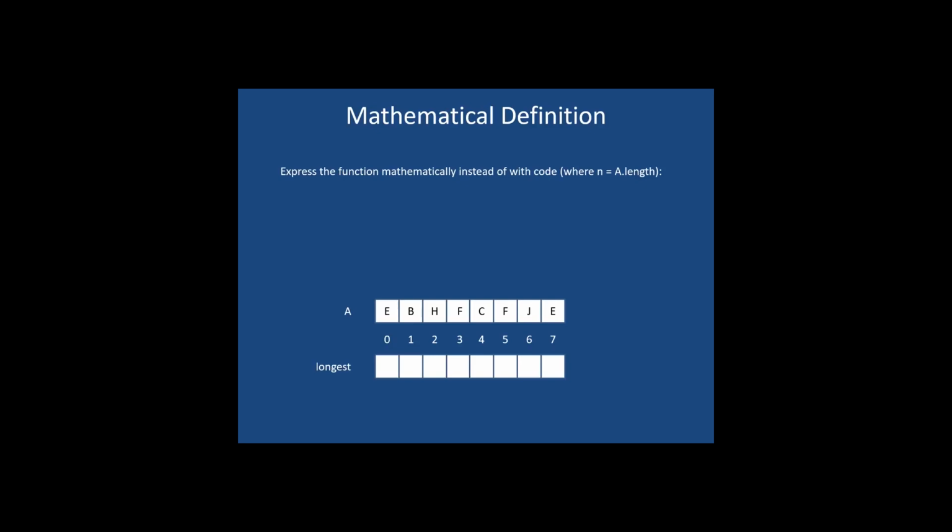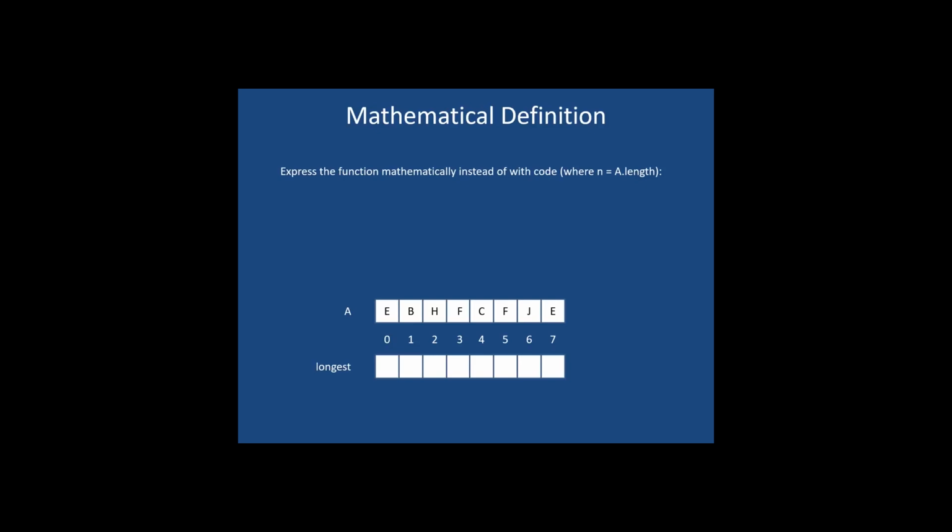Start at index 0. 3. Right, so you can go E, F, J, or E, F, E. There are a couple that are length 3. E, H, J. Now, we already know that the longest subsequence starts at index 1, so there'd be a 4 here.